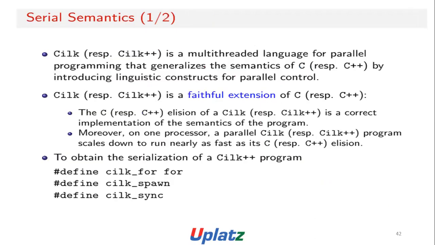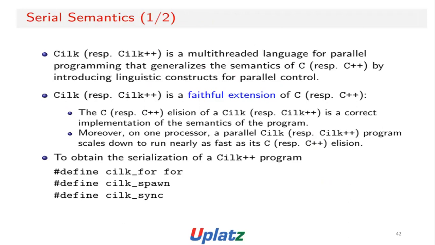Serial semantics. Cilk, respectively Cilk++, is a multithreaded language for parallel programming that generalizes the semantics of C, respectively C++, by introducing linguistic constructs for parallel control. Cilk, respectively Cilk++, is a faithful extension of C, respectively C++.